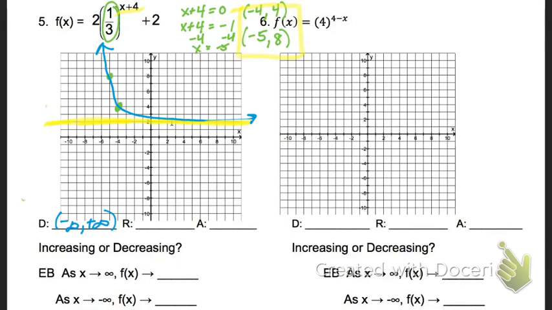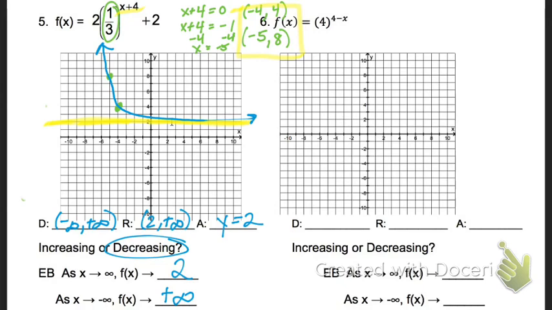Range starts at 2 and goes to positive infinity. My asymptote is y equals 2. As it's going to the right, is it increasing or decreasing? Decreasing. Decreasing to the right. As x is going to positive infinity, so to the right, it's approaching 2. To the left, positive infinity.